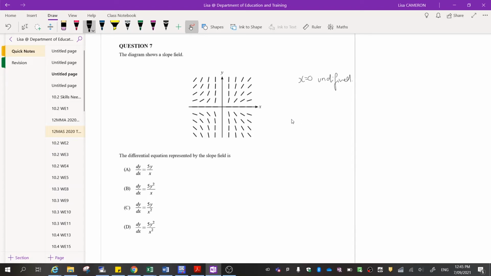Okay, next thing we're going to check is when x is any value other than 0, when y is equal to 0, the slope equals 0. Okay, so let's go through and check that. Things happen over here. You can see that that's squared and that's normal.